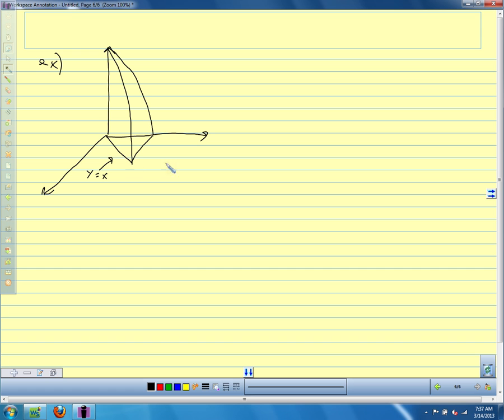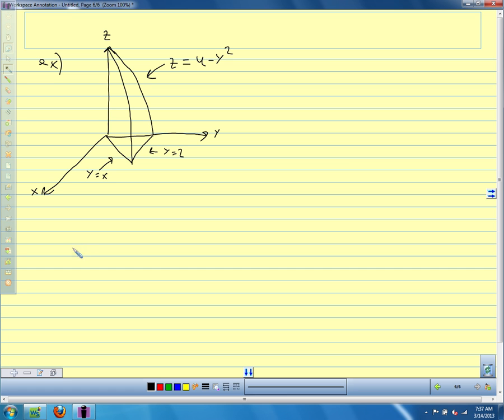This is a segment of y equals x. This is a segment of y equals 2. And this is z equals 4 minus y squared. We want to find our volume here, below this surface bounded by this region.